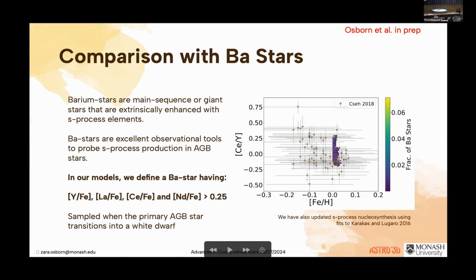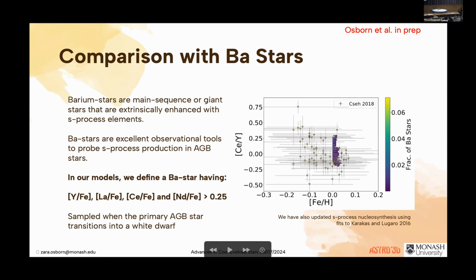When we compare our models to observations of barium stars, at least through their abundances, we have a decent agreement between our observations and our models, with the exception of a few stragglers at the bottom. This plot shows the cerium to yttrium surface abundance of our stars, and this is what we are comparing. So we managed to reproduce these abundances with the exception of a few with very low cerium to yttrium abundances. But we don't think this is a large problem for our population.